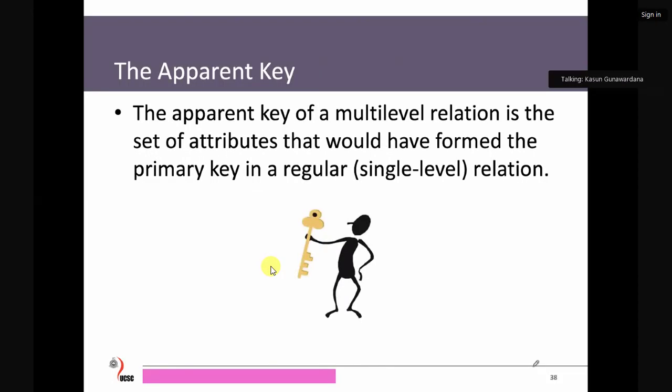So in a multi-level relation, we cannot take the same key as primary key, because there can be two tuples, two rows with the same apparent key because of these security classification levels. The same entity might have two different representations, two different instances of the same entity of data, at two different security clearance levels.